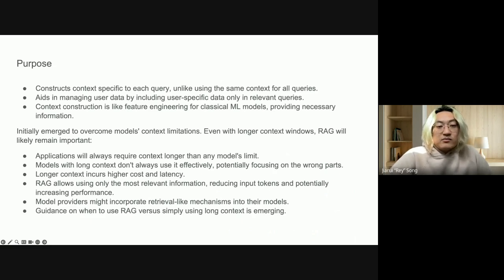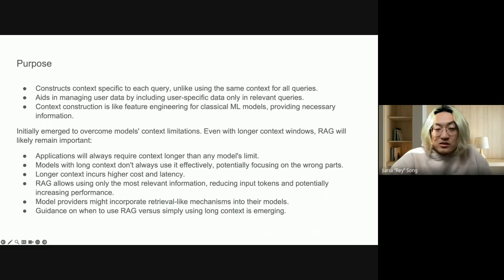Initially, RAG emerged as a key technique to overcome the limitation of models' context windows. Even now that models' context windows have improved, RAG is still likely to remain vital because there will always be applications requiring more context than any model can handle. Models with long context don't always use that context efficiently, potentially focusing on irrelevant information.